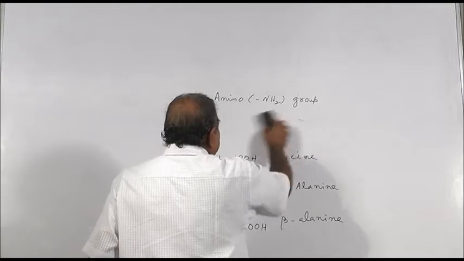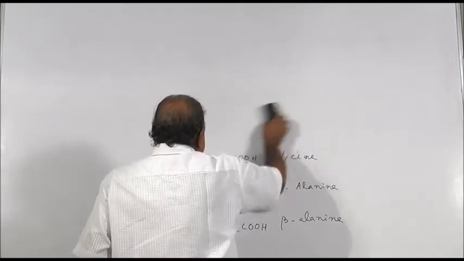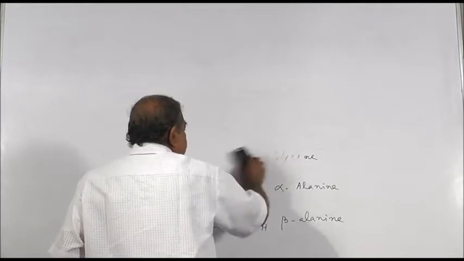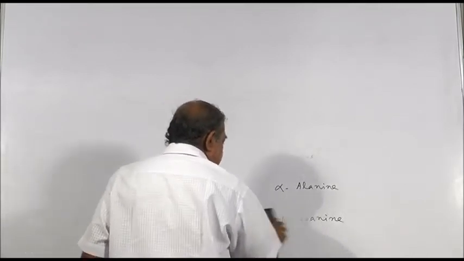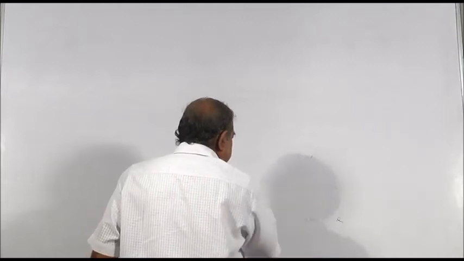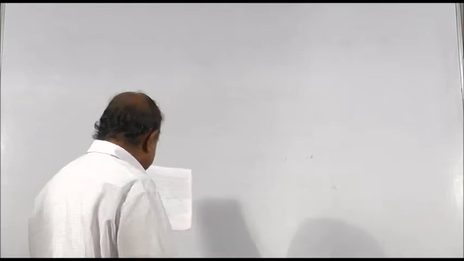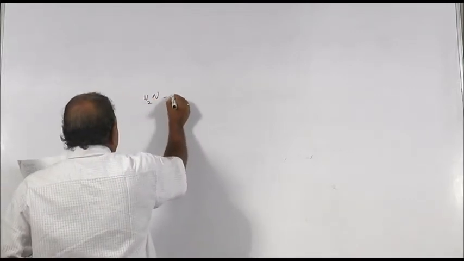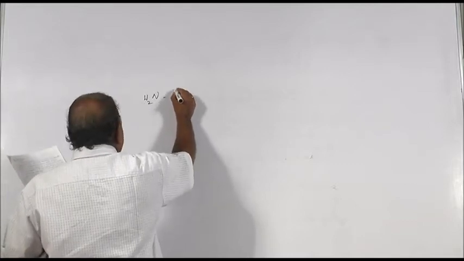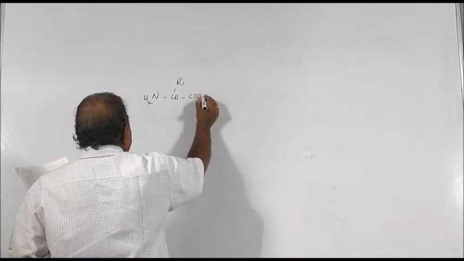Now what happens during protein synthesis? Amino acids combine with each other. Say I am taking one of the amino acids, NH2, CH, R1, COOH, where R1 is a substituent or maybe hydrogen.